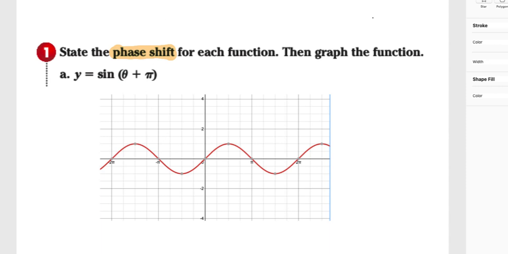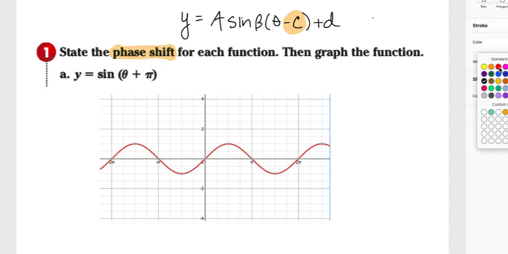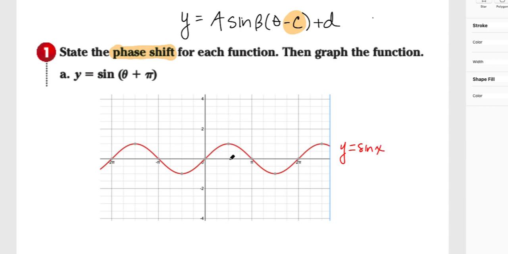Let me write down our formula again that we talked about earlier. Okay, hopefully that's kind of clear. So now what we need to figure out is how to graph that. Down here in red, let me write down exactly what the equation is: y is equal to sine of x. I like to have the typical equation there so I can see what the adjustment would be.